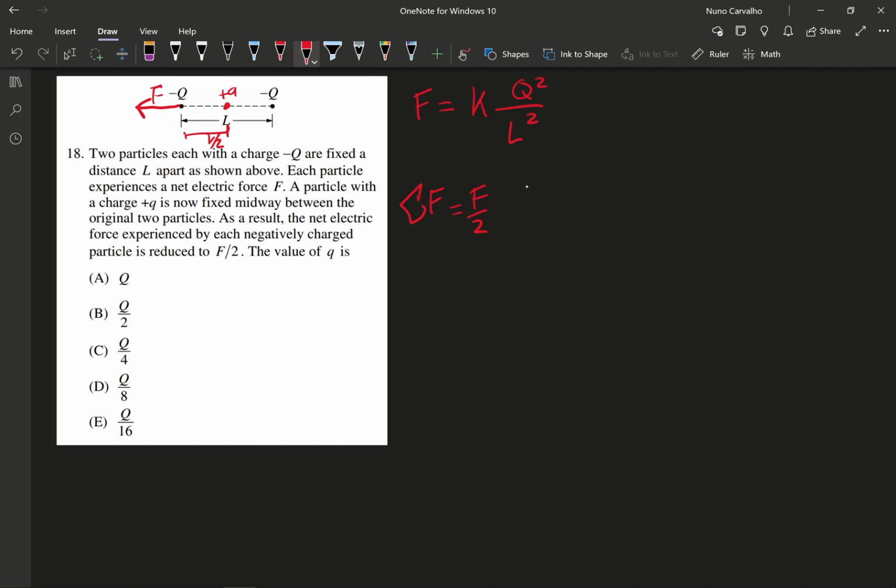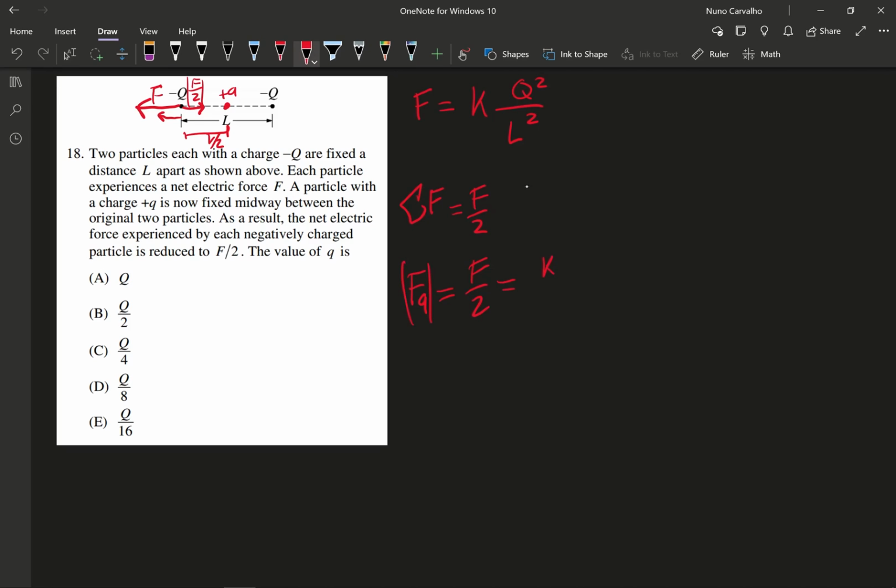But then when we add this charge plus Q, now suddenly that net force is only going to be half of what it was before, which means there must be a force that's half the magnitude of F caused by plus Q. Okay, so that must mean that the force caused by the little q here is going to be F divided by 2, same thing as here, and that is, by the way, the magnitude here.